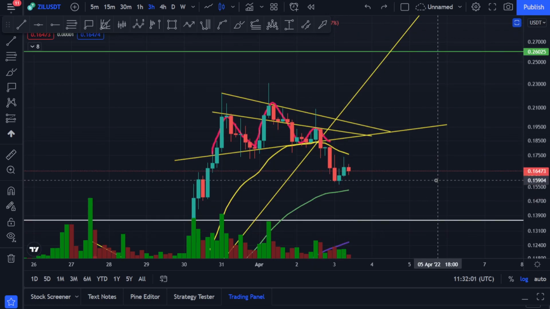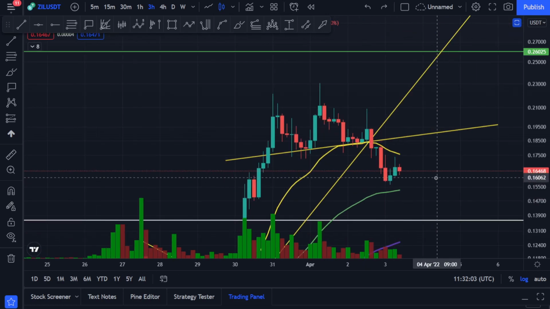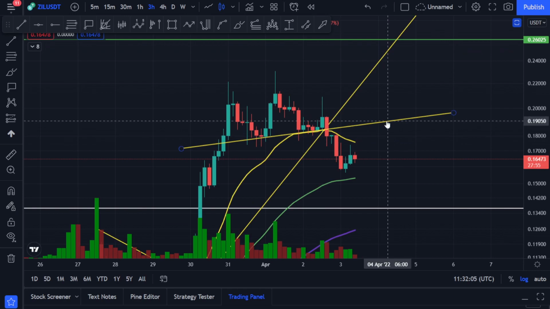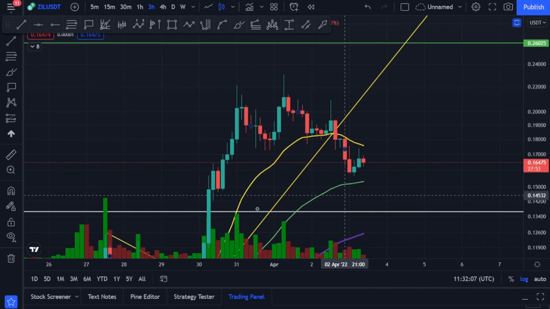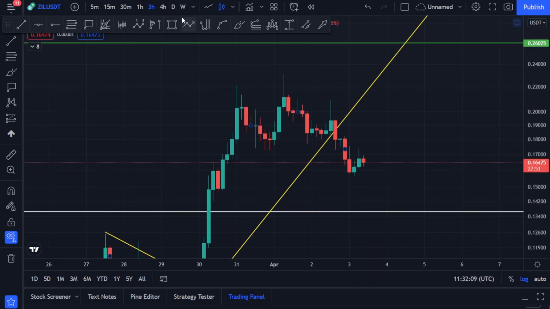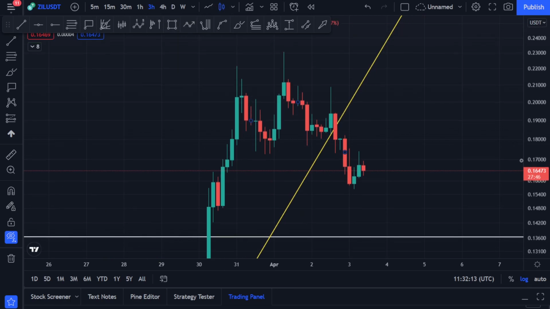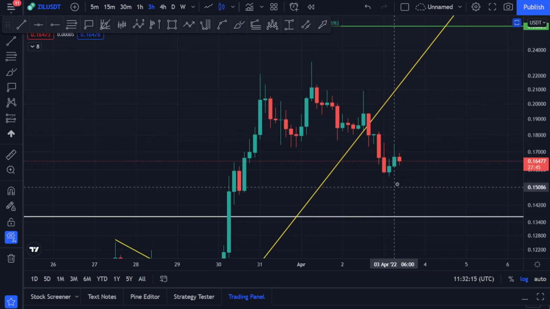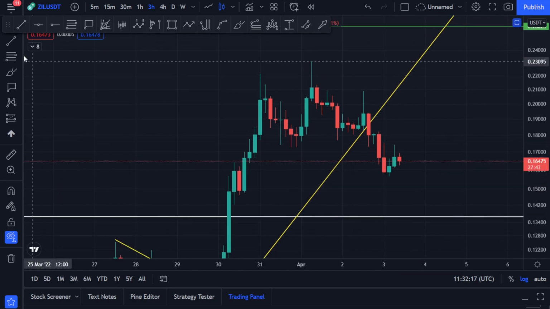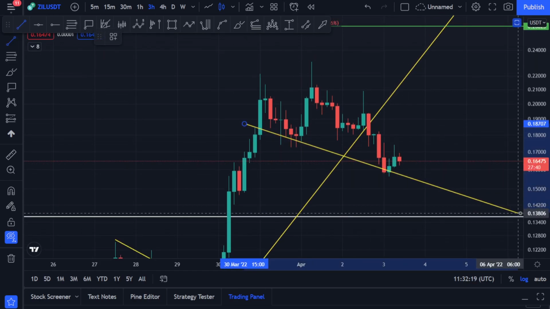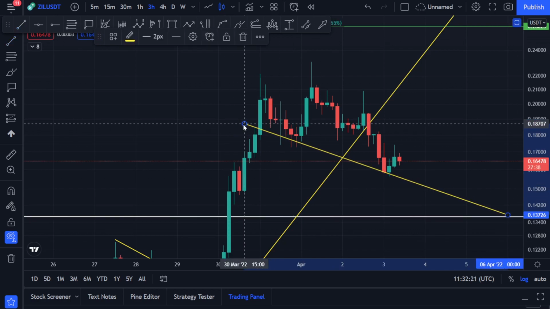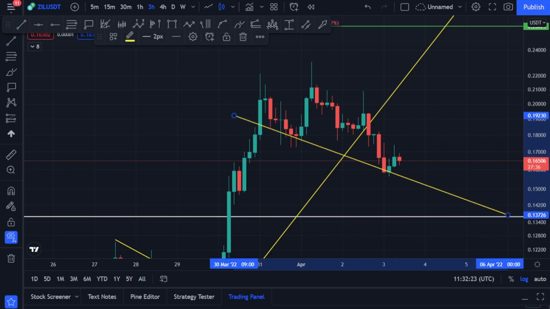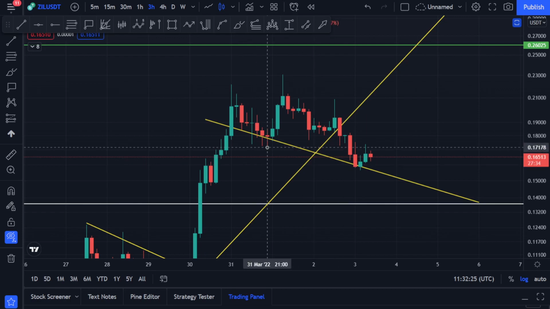And if you look at this pattern now, we have already broken this, so I'm just going to take this off, hide the EMAs, and go in the 3 hourly. Now you could just do this. We can see we found some support over here. I'll just bring this line and place it over here, because I can see that this has been an area of support for the coin.